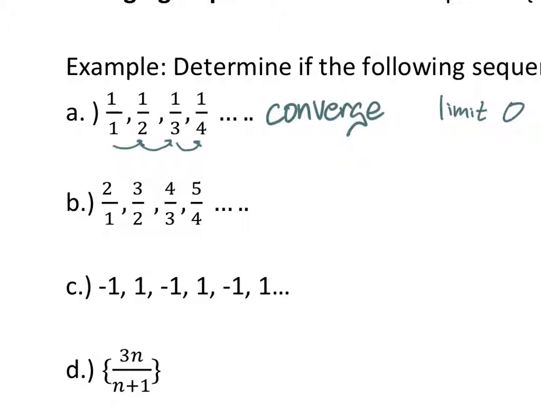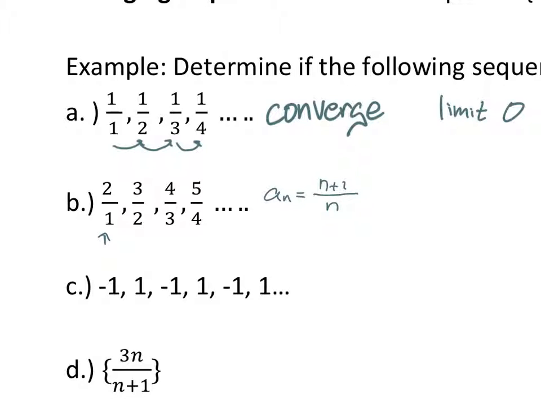Okay, so what's going on here? I can see the numerator is increasing by 1 each time, and the denominator is also increasing. So we could change this into a rule here. If this is our first term, n is the first term, and then the numerator is just n plus 1, right?